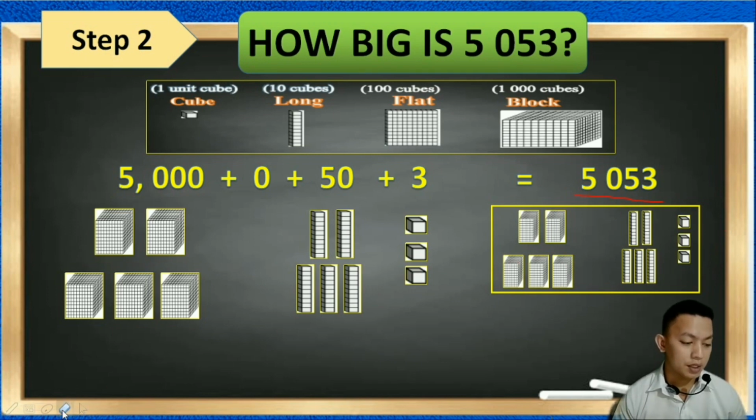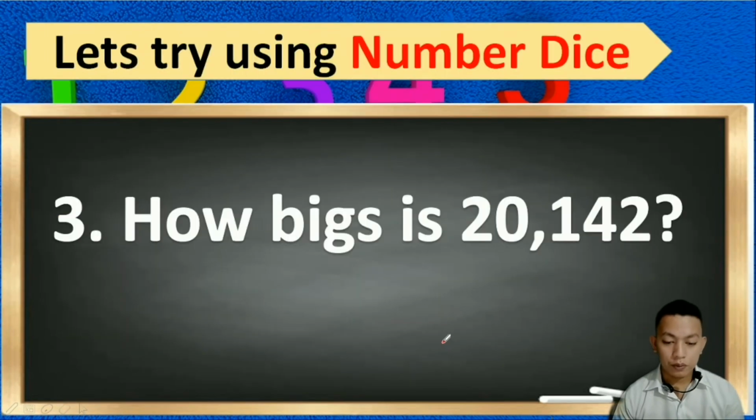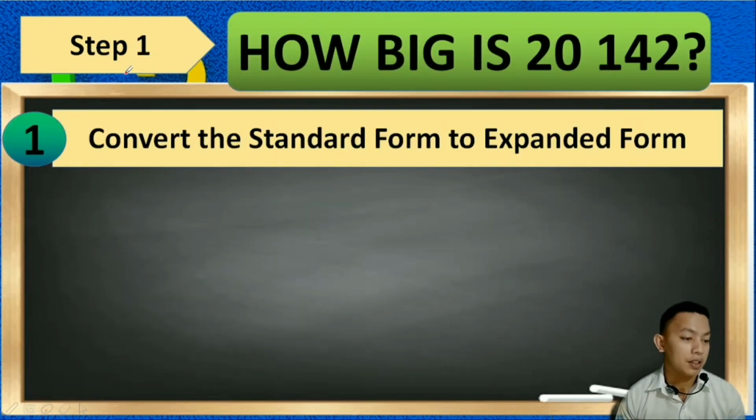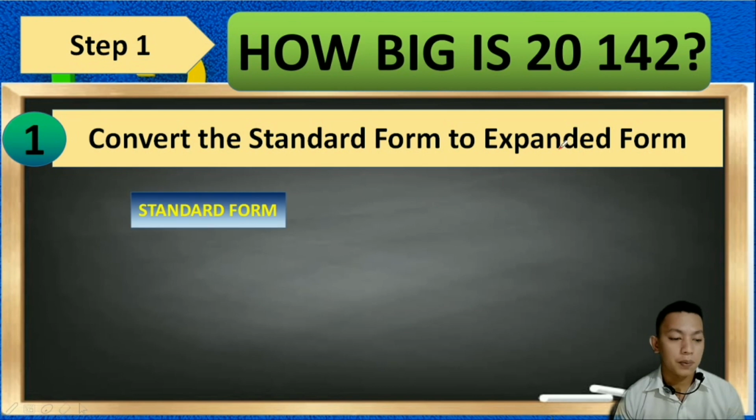Okay, next. Let's try using number discs. Example number 3. How big is 20,142? Okay, these are the steps. Convert the standard form to expanded form.